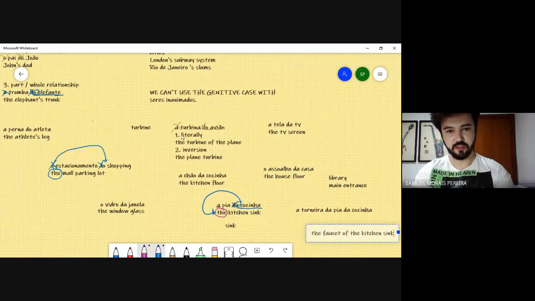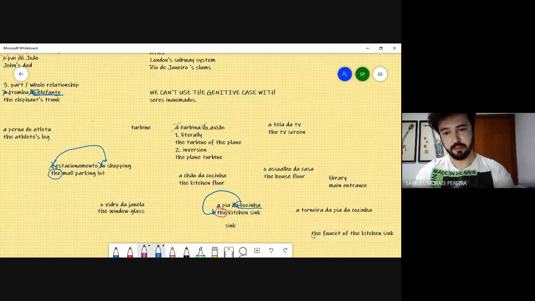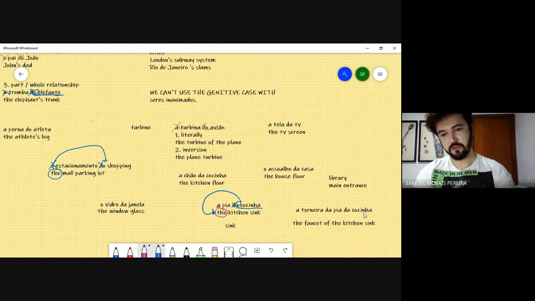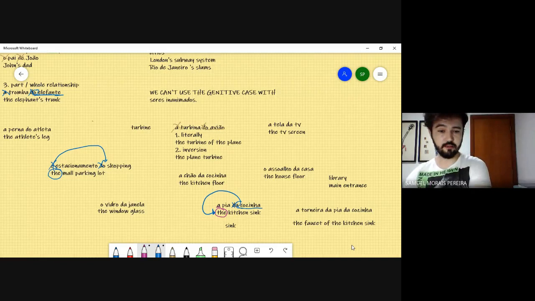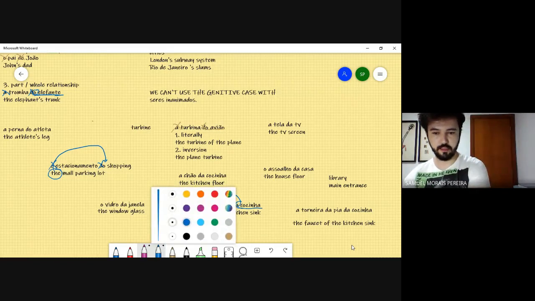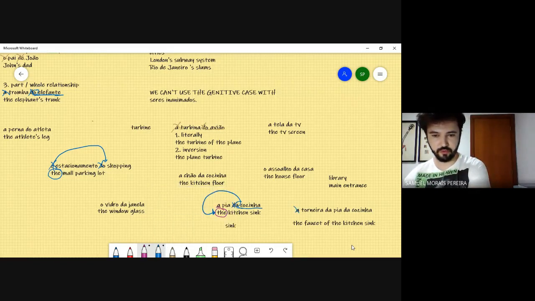Lembra que eu falei que a gente pode fazer literalmente, ó, palavra por palavra? Então eu posso falar assim, ó, the faucet of the kitchen sink. Então eu fiz a inversão só na parte final. Agora, professor, posso fazer a inversão em tudo? Pode, no problem. So you can do this. You can say, lembra, corta o artigo e aí você está ligando isso aqui. Eu vou chamar aqui de parte A e parte B, tá?